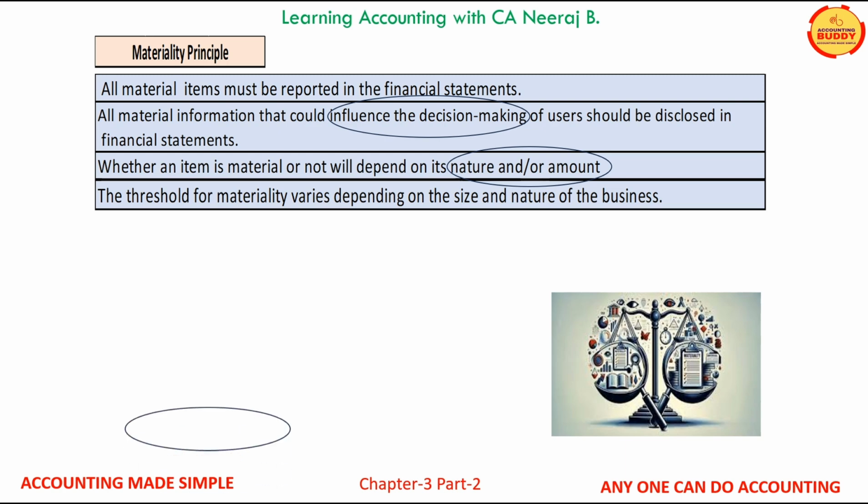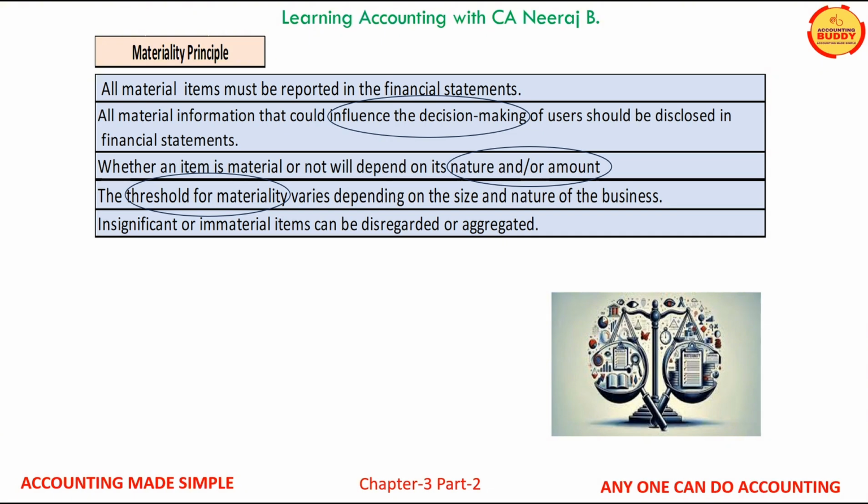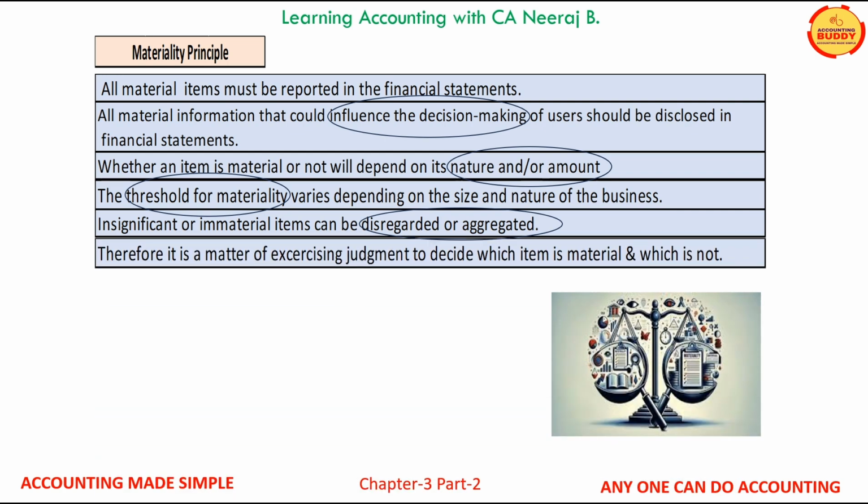The threshold for materiality varies depending on the size and the nature of the business. Therefore, immaterial or insignificant items can either be aggregated or disregarded. Therefore, it is a matter of exercising some judgment to decide which item is material and which is not.